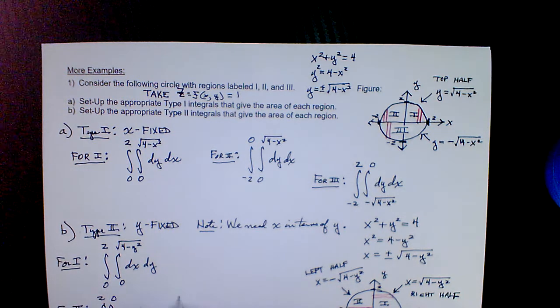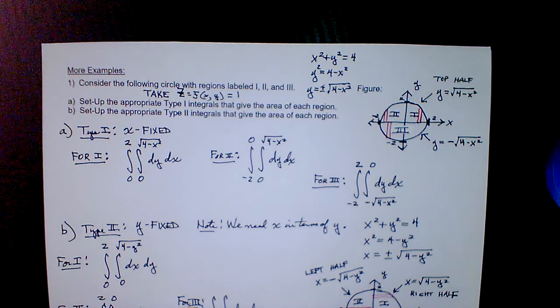Okay, and then finally for region 3, double integral dx dy. Y is now going to range, taking horizontal strips like this, from lower negative 2 to upper 0.